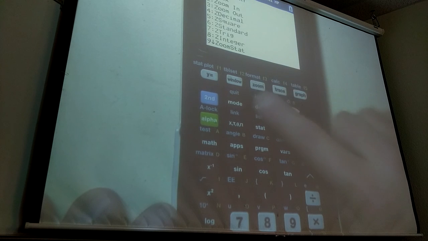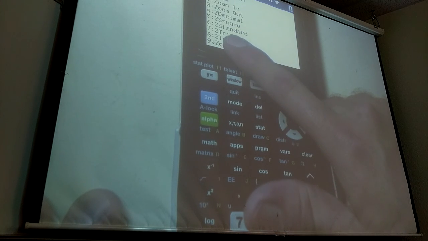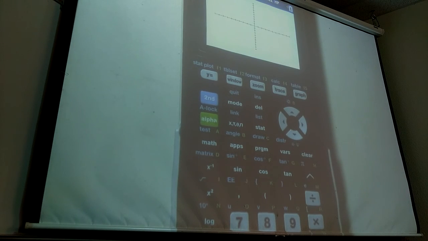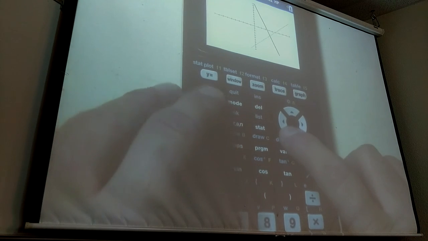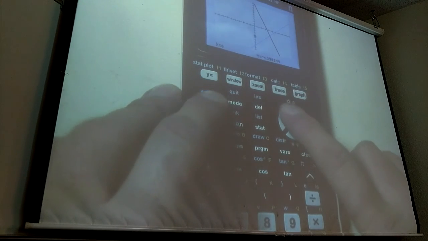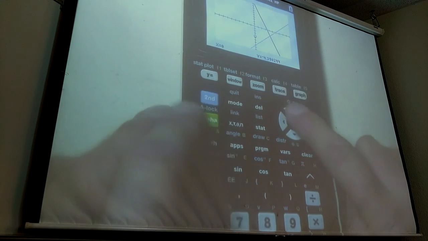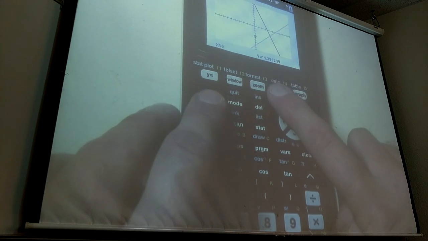Then you hit zoom 6. That's a good thing to start with because it always takes you negative 10 to 10, negative 10 to 10. So you should get this picture. Whoa, a little too far. How we doing over there? You okay? Yes, okay. Give me some kind of feedback. Now hit second trace to go to calc.